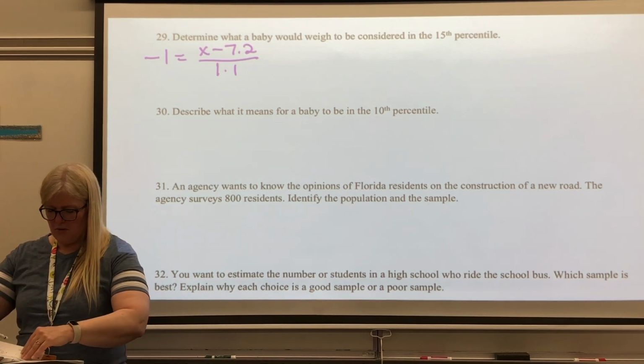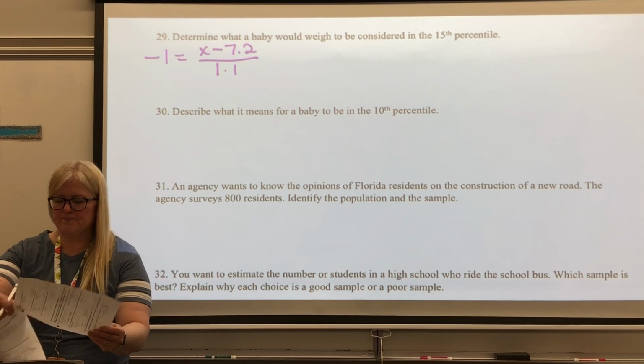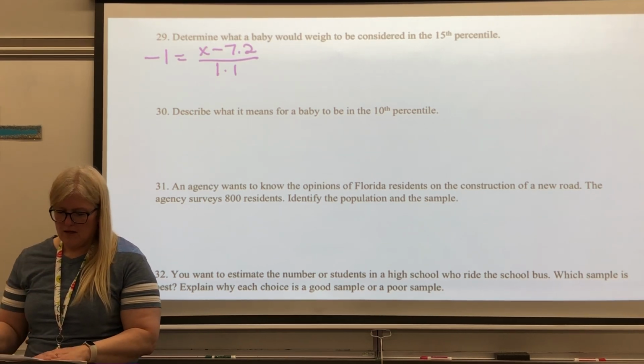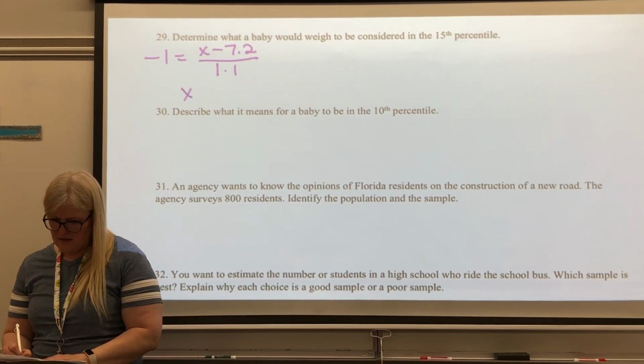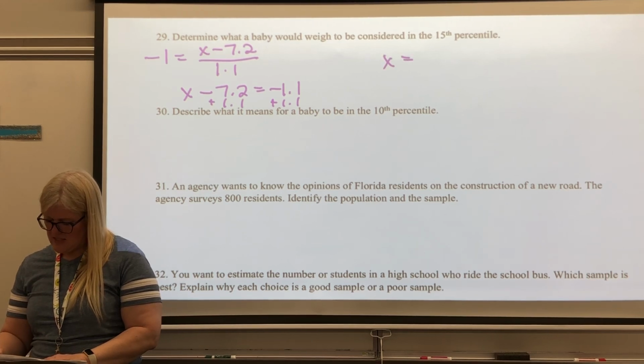And I'm going to multiply both sides by 1.1. So I get x minus 7.2 equals -1.1. I add 1.1 to both sides, and I get a 6.1 pound baby.